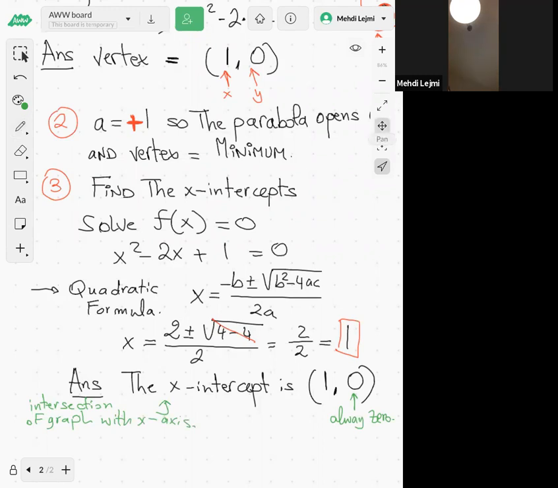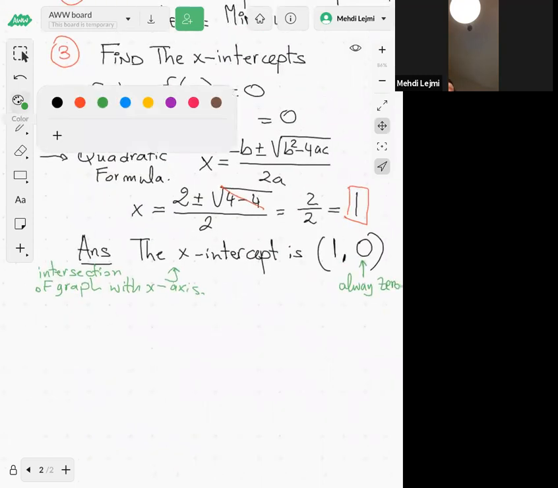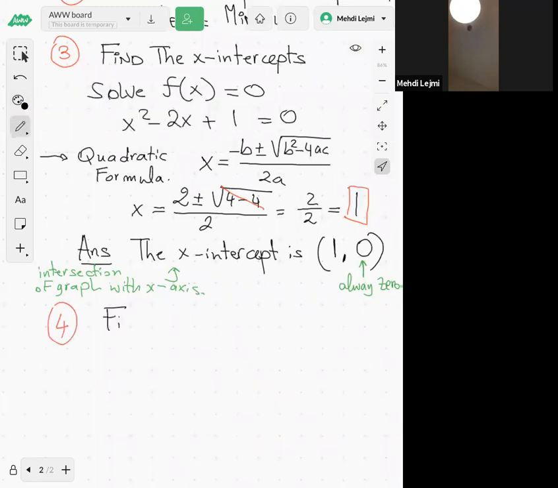The y-intercept, well, y-intercept, that's the intersection of the graph with the y-axis. So we need to find the y-intercept.